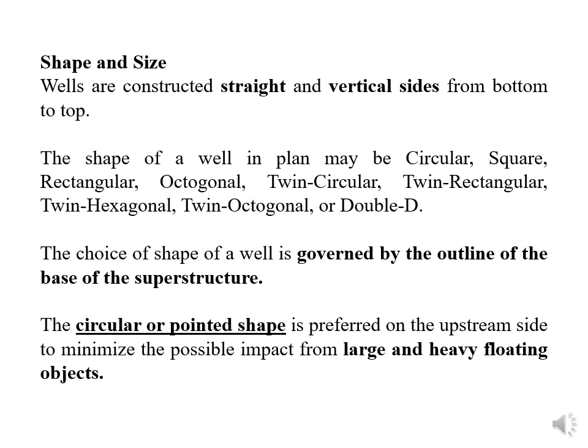Suppose you are not going to put the pointed shape. Let us take the example of a double D well or any rectangular well. If the rectangular length, suppose length is on the upstream side, what will happen? The well will feel more stresses due to the pressure of water coming and striking on the length of the well, right?